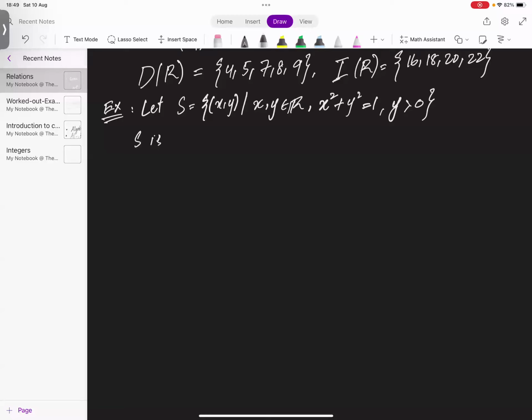S is a binary relation on the set of real numbers.